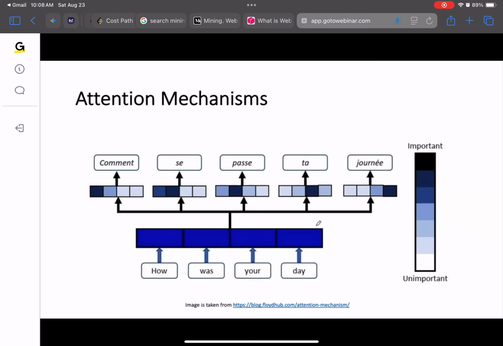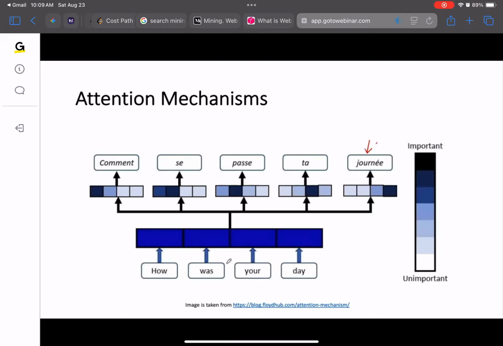Here, what any attention mechanism typically does is we try to give scores for different input words. Here we have 4 input words: How was your day? For each output word that we need to generate, we try to assign a score for each of the input words.